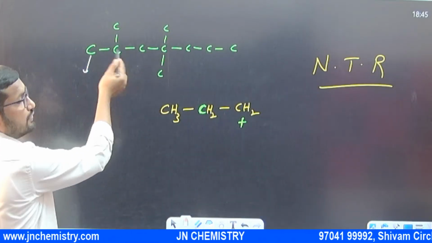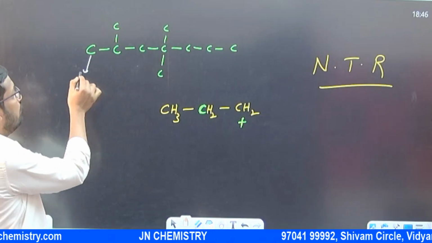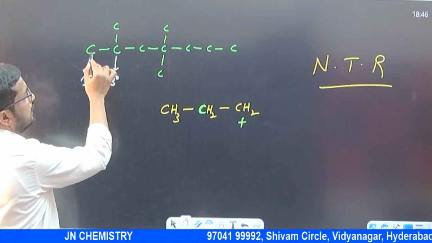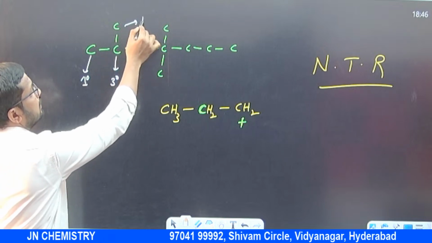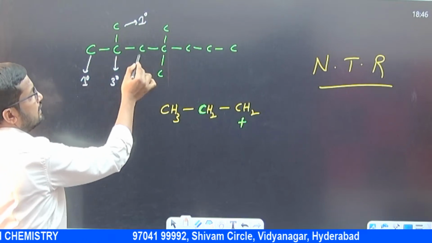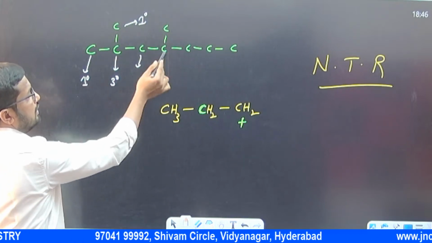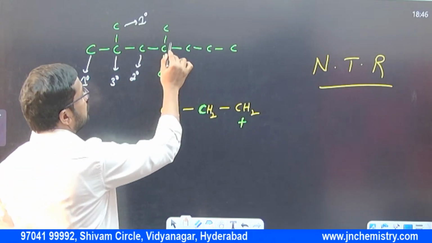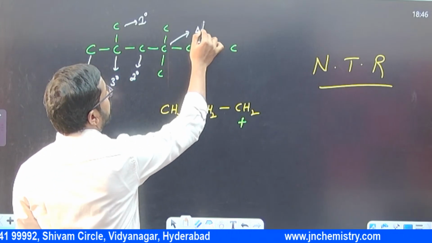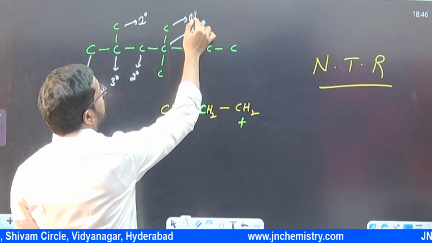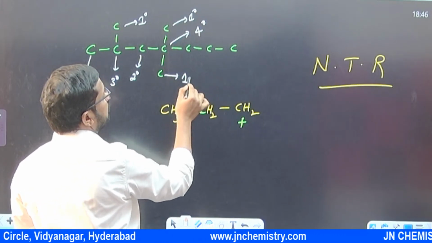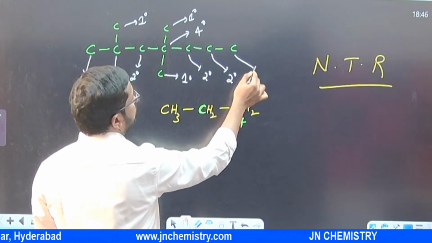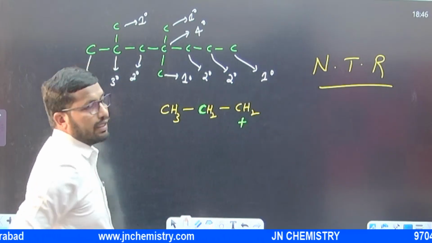If a carbon is attached to only one carbon, we can say 1 degree. This is 3 degree, 3 carbons. This is 1 degree. This is 2 degree carbon. This one, quaternary. This is 1 degree. This is 1 degree. This is 2 degree. This is 2 degree. This is 1 degree.